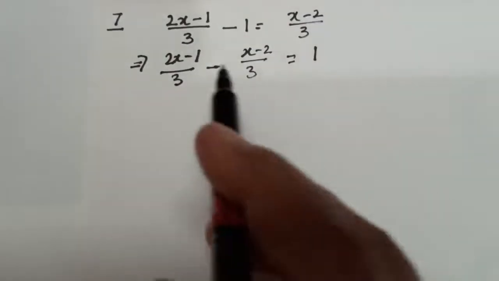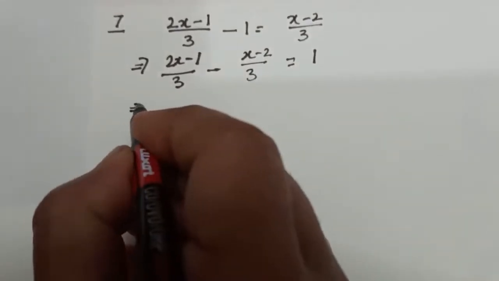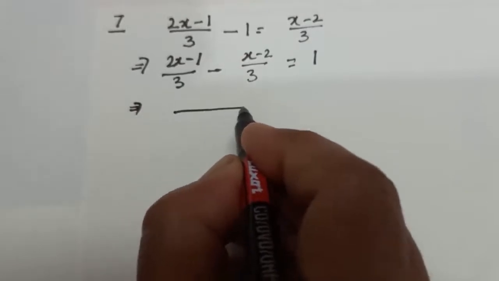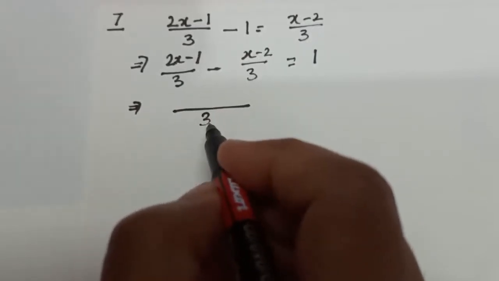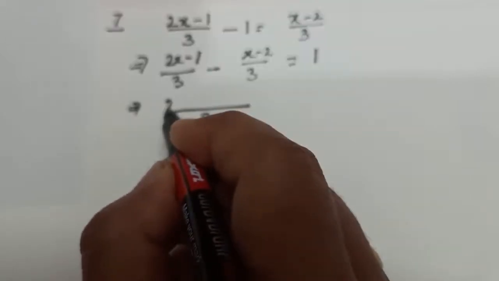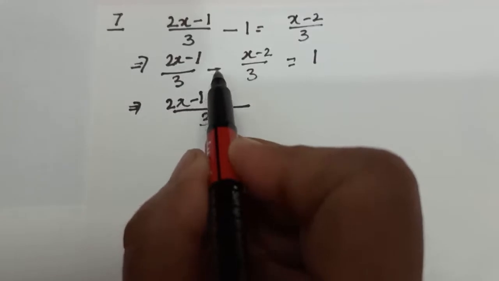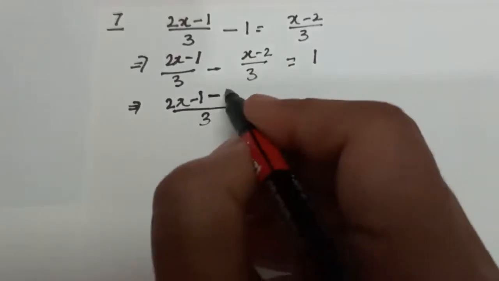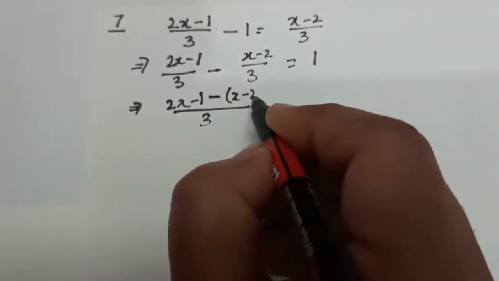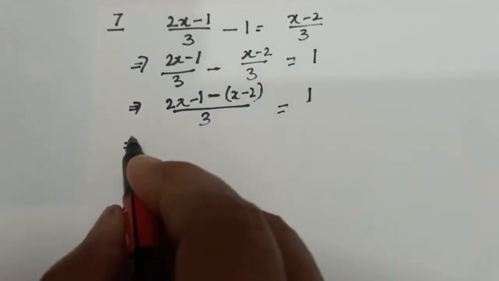Alright, now two terms in fraction, so let us take the LCM. 3 is common here, so 3 is the LCM. So when we have the common number in the denominator, numerators we write as it is. So 2x minus 1, this negative sign is for both the terms of x minus 2. It is equal to 1. Alright.